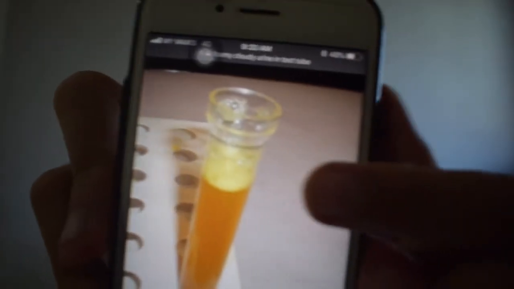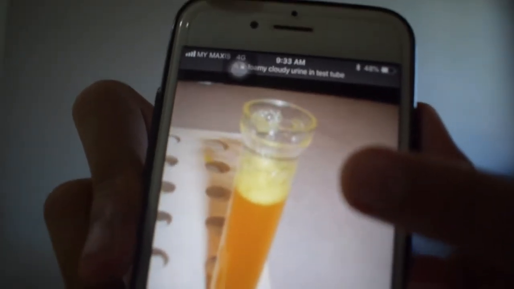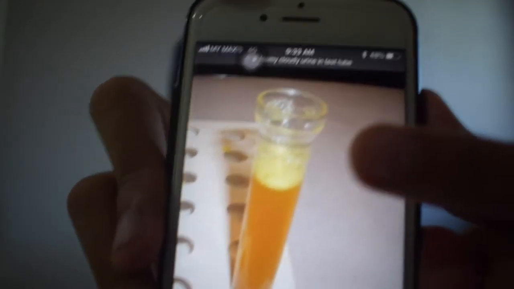And now we're talking about foamy or cloudy colored urine. You can see the bubbles in the test tubes. This is a urine sample, so there are bubbles outside. This is quite worrying because it can be caused by two things.